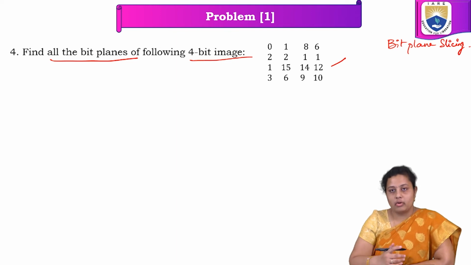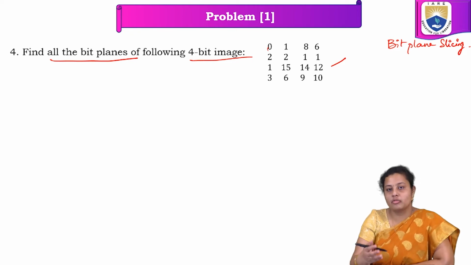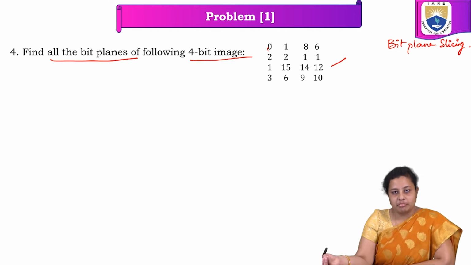There, every intensity value is represented in the form of bits. If we consider the MSB bits, then the MSB bits of all the intensity values are combined together and we form a bit plane, which we call the MSB bit plane. So based on that we can create multiple bit planes.